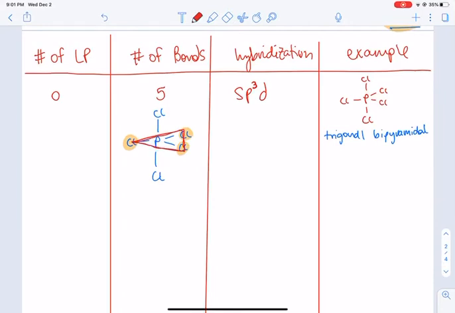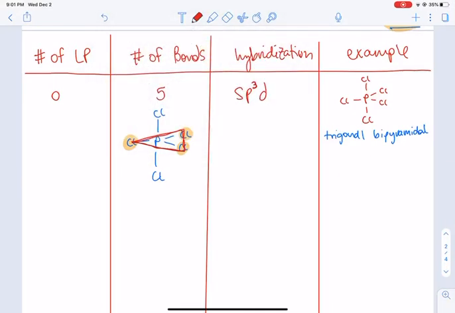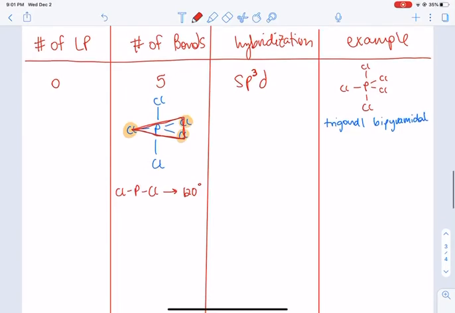The chlorine, phosphorus, chlorine bond angle here is going to be 120 degrees, just like the trigonal planar.